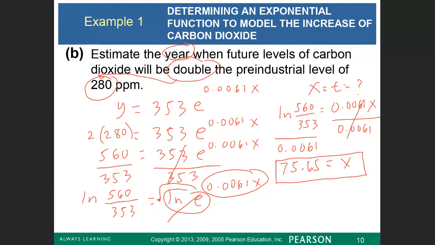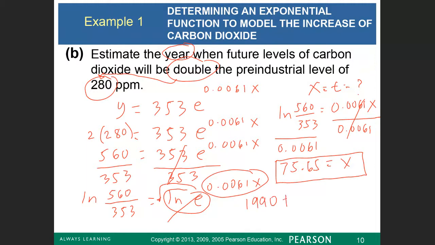So if you look back to our table a while ago, we have 75.65 here. We add this to 1990. So 1990 is the initial year.